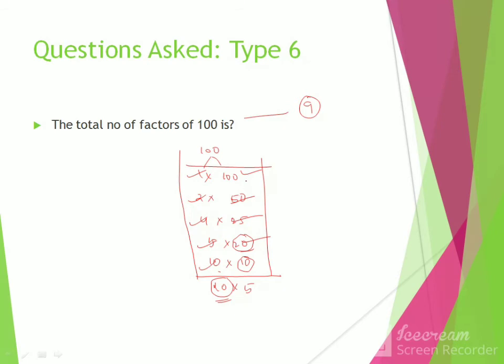The questions can be framed here as number of factors or sum of factors, difference between the highest and the lowest factor. Those are the different types of questions that can be framed. Number of factors, sum of factors, difference between the highest and the lowest factor.